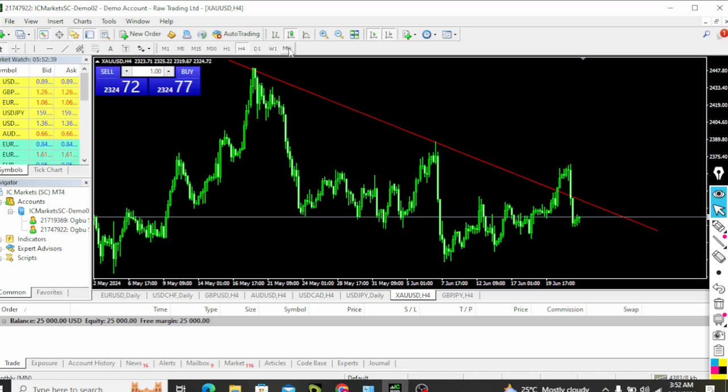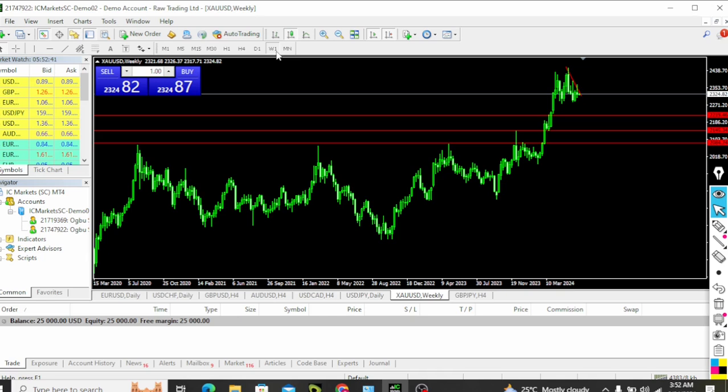So let's look at the weekly time frame. On the weekly time frame, we discover that gold has escaped to the upside, and now it is showing a bearish momentum. So it's already getting ready to fall massively.